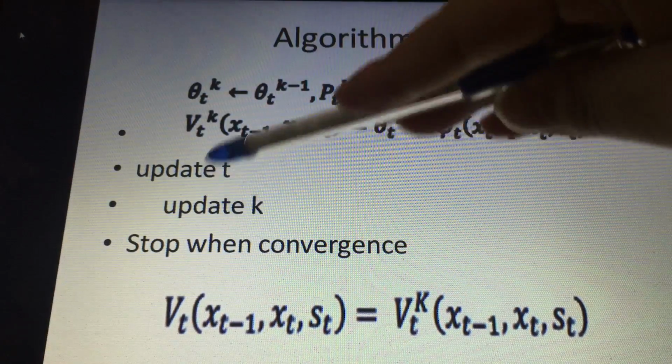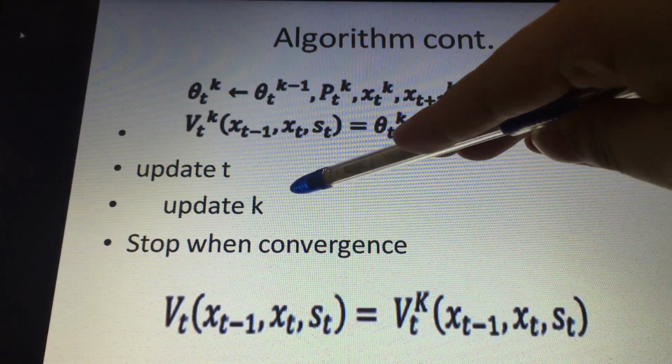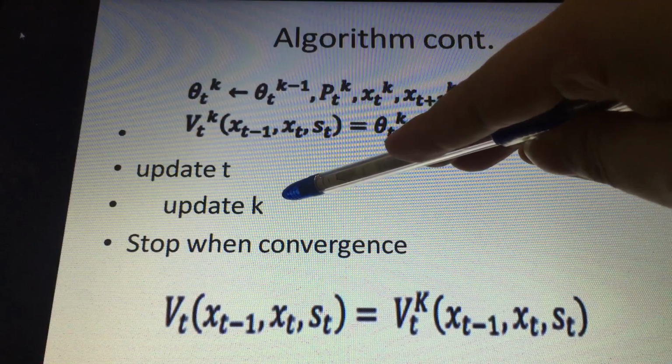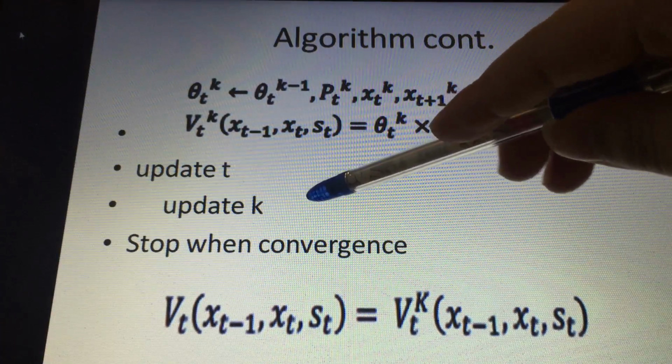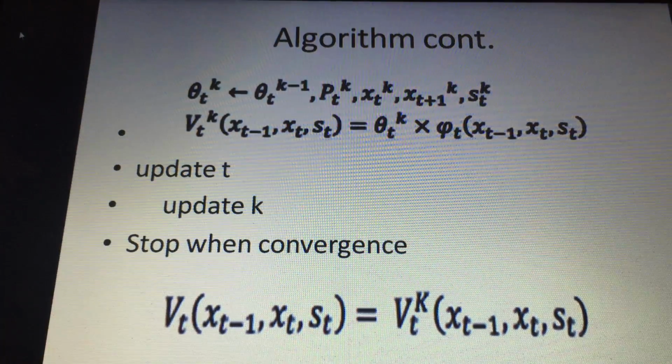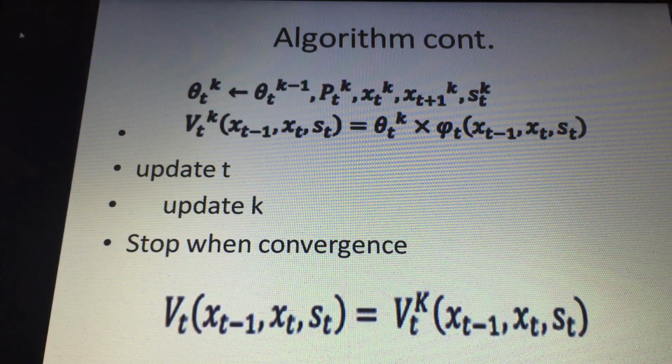And then we go to update iterations until we reach convergence, where the value function V of t stays the same over the iterations of k.